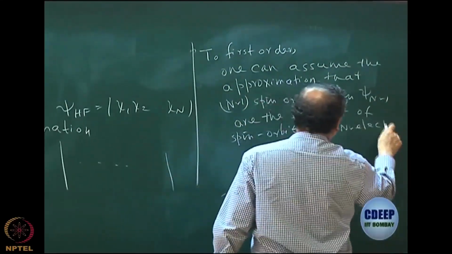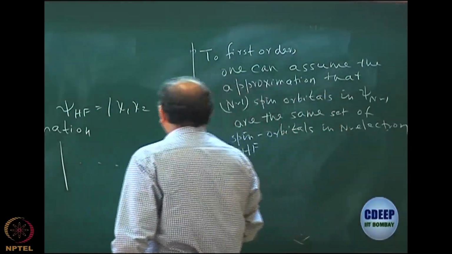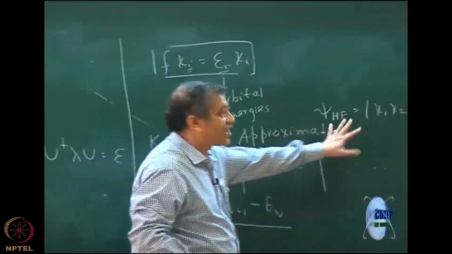So, if I have done an n electron Hartree-Fock, okay, then Koopmans said that if I do a normal Hartree-Fock, of course, everything will change.